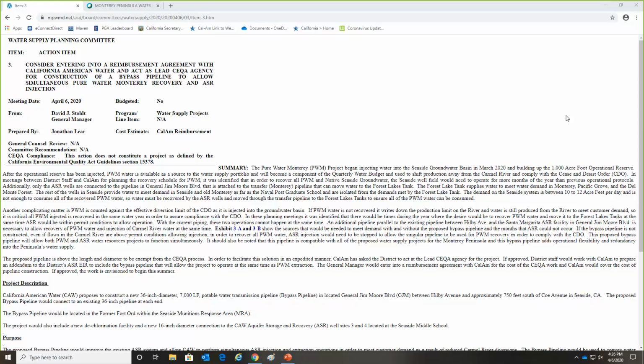Thanks both Chris and Ian for your explanation, but I still must be missing something. It sounds like now without desal we need the pipeline, but before, when desal was tracking, you wouldn't need the pipeline. It would just be nice to have. And so now it sounds like you need the pipeline in order to maximize being able to extract Pure Water Monterey water and inject ASR at the same time.